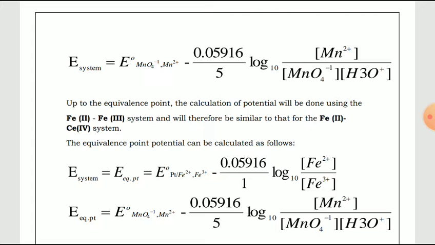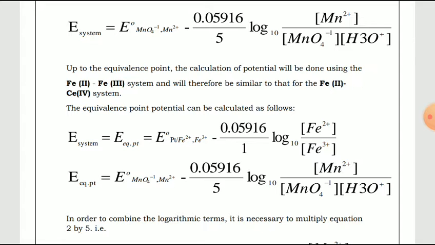Then for the second equation, E equivalence point is equal to E naught MnO4 minus to Mn2 plus, minus 0.05916 upon 5 log of the concentration of Mn2 plus upon concentration of MnO4 minus into the concentration of H3O plus.